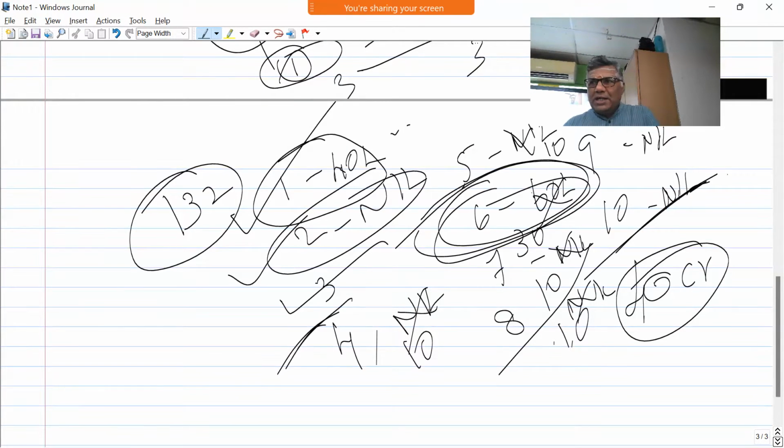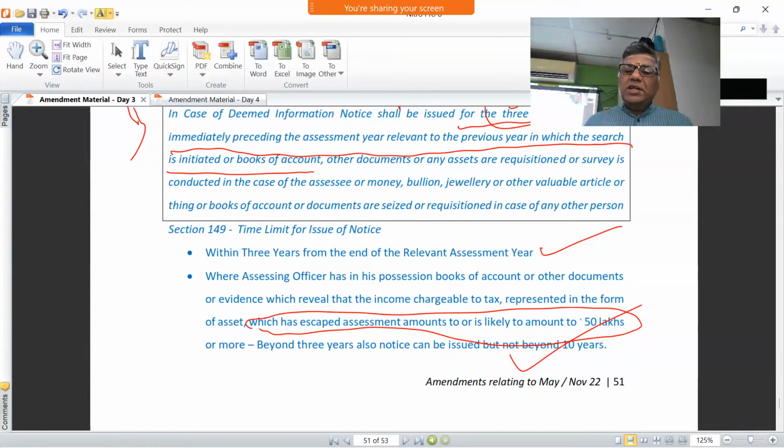Okay. That is why the third criteria is beyond 3 years. If you want to go, the department has to have a substantial sum as income. That is why it is said beyond 3 years it should be, and it cannot go beyond 10th year. Law of limitation.